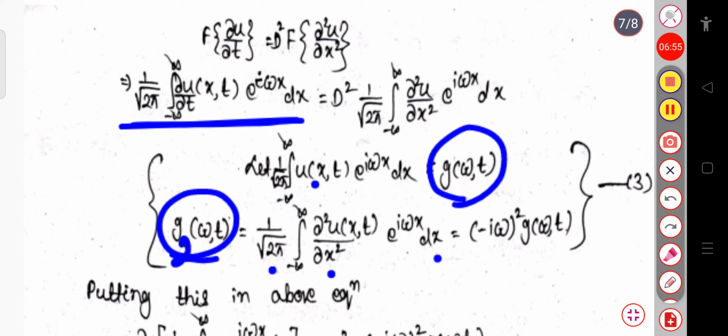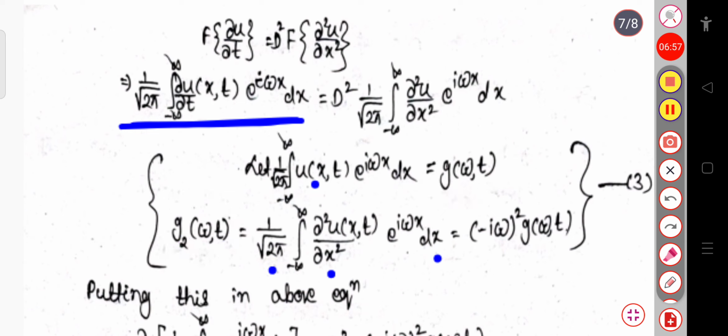Clear? So this value will be equal to, from the Fourier transform of a derivative, minus i omega whole squared into g of omega, t. This is the Fourier transform of our original function, minus i omega whole squared into g of omega, t.